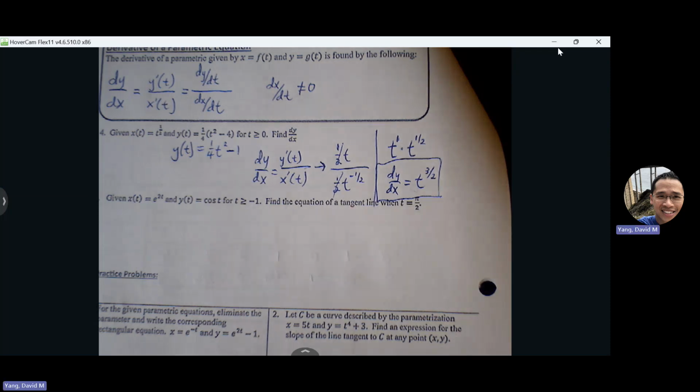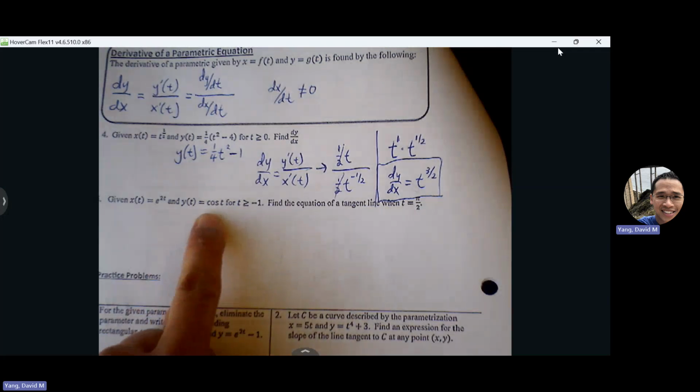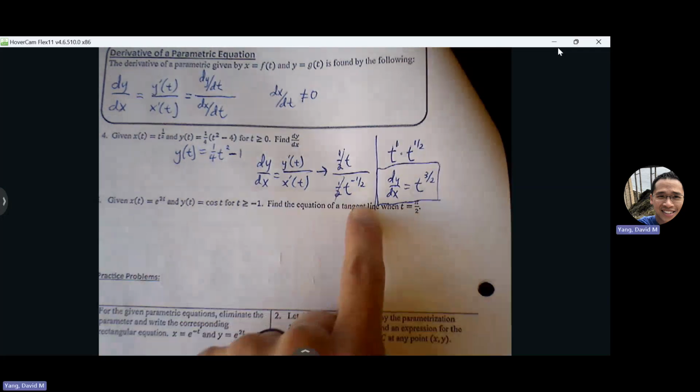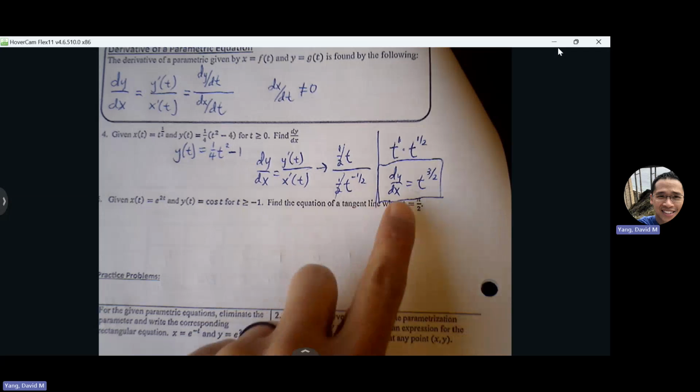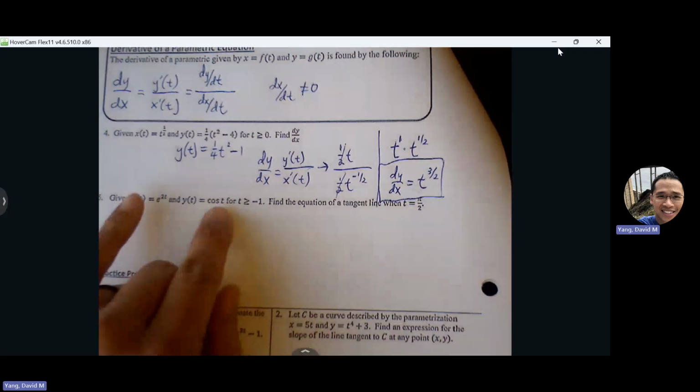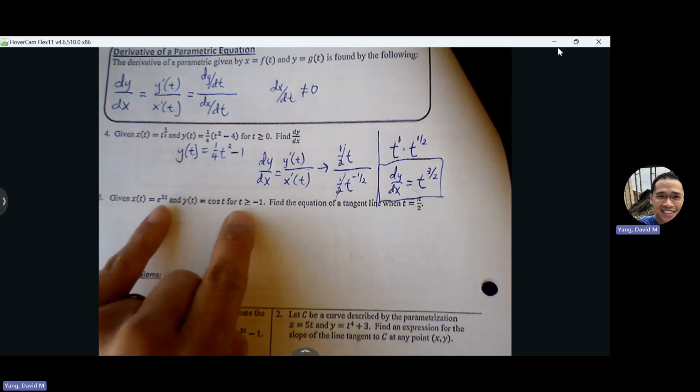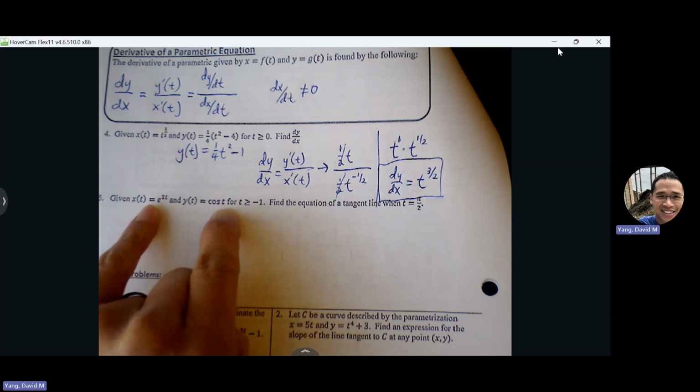All right, number 5. Given that x equals e to the t and y equals cosine of t, find the equation of the tangent line. So we're going to find an ordered pair. If we plug in t within my parametric equation, I can find x and y.